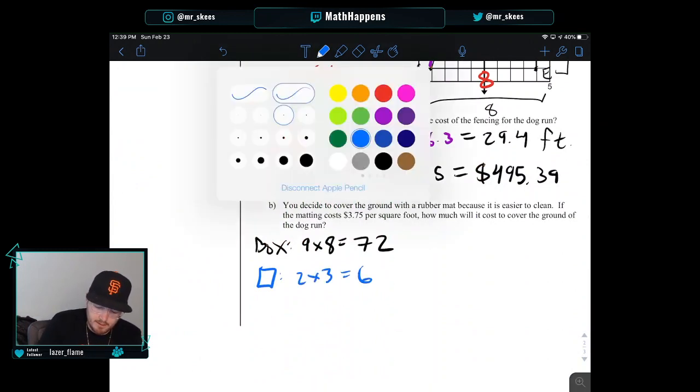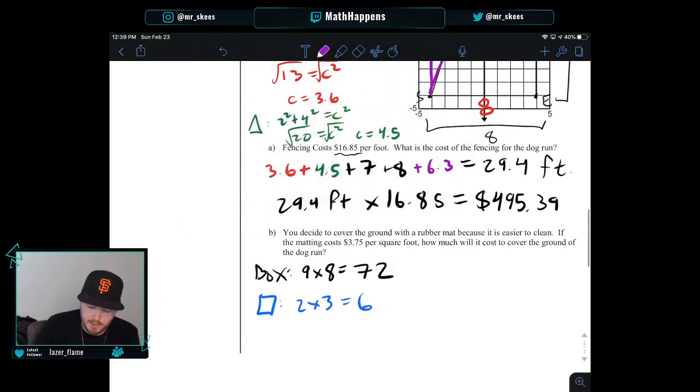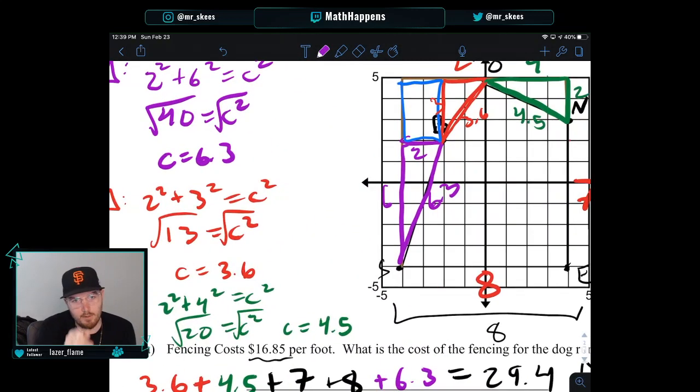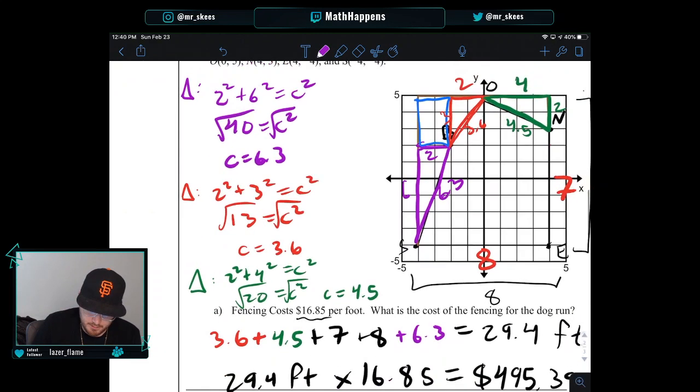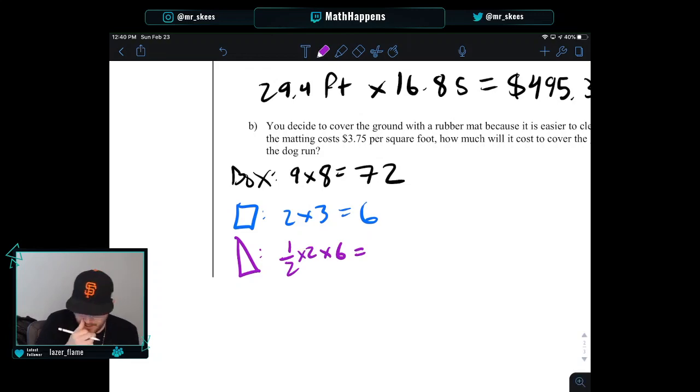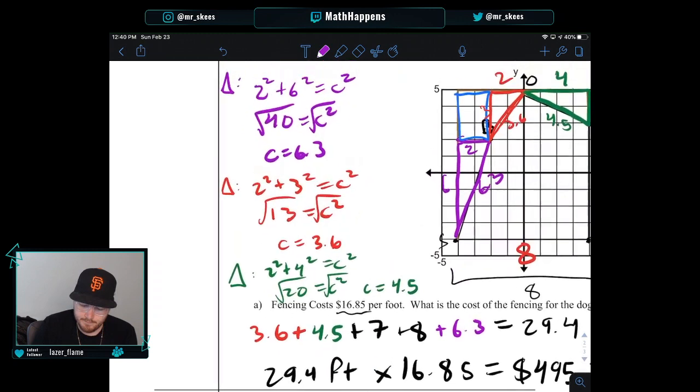Then there's the purple triangle right below it. It's 2 by 6, as you can see right there. So 1/2 base times height for a triangle. Don't forget the 1/2. One half, 2 times 6 equals 6 as well.